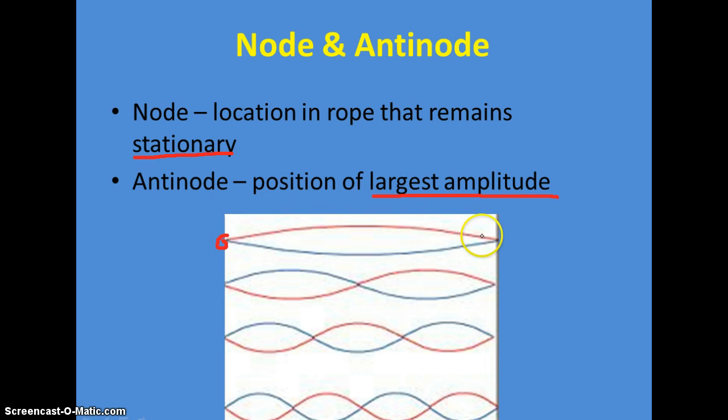So node, node, node, node, node. Antinode, antinode, antinode. So you could look at these. On this one, you'd say there's 1, 2, 3, 4 nodes and 3 antinodes. You will need to count these.